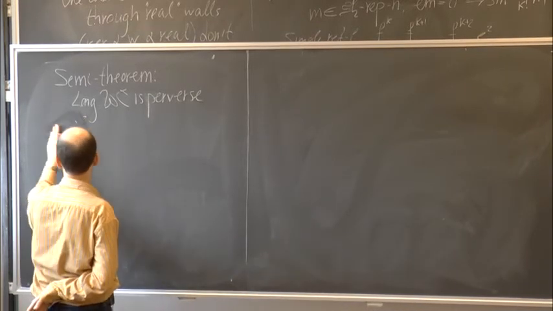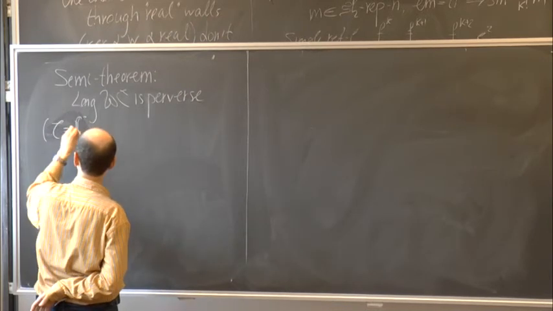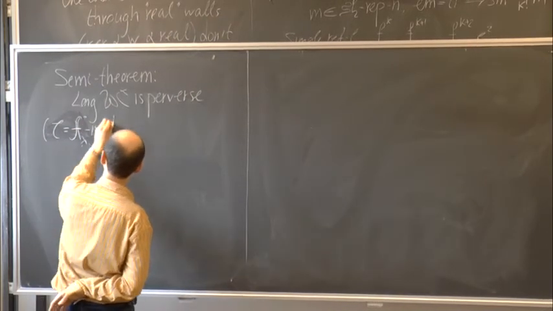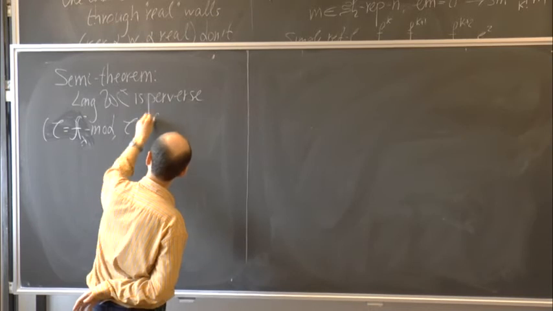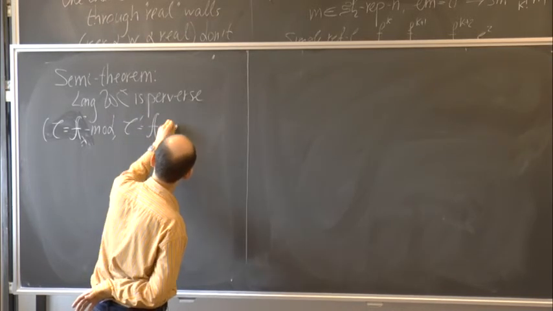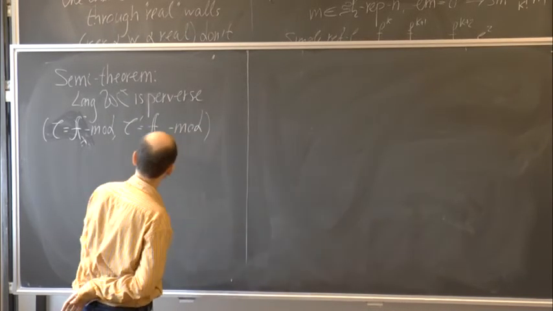So C is going to be the category of A lambda modules, C prime is going to be the category of A lambda minus modules, and I can tell you what Ci is.